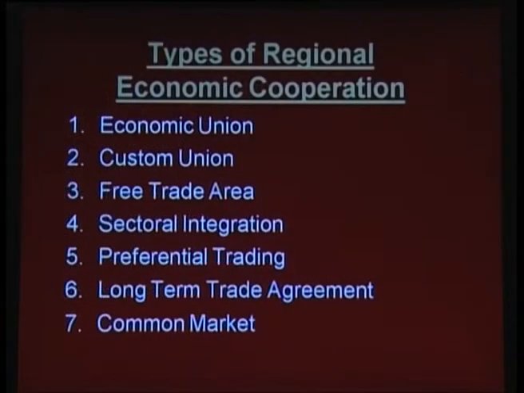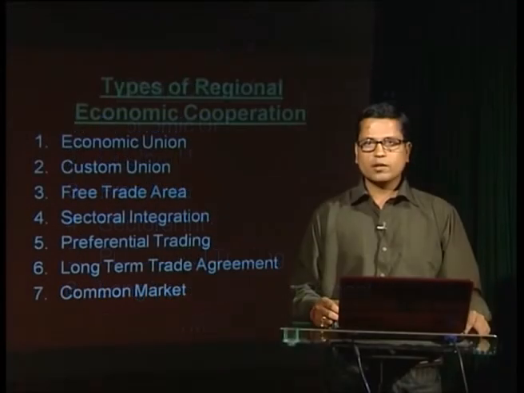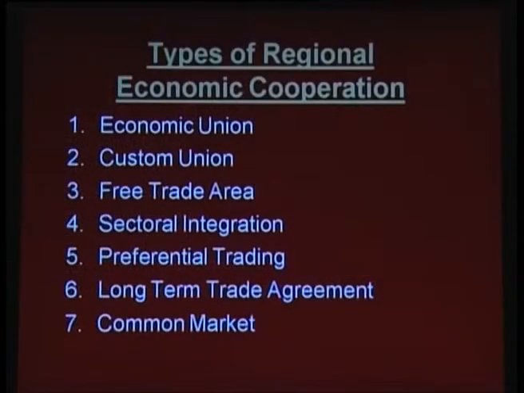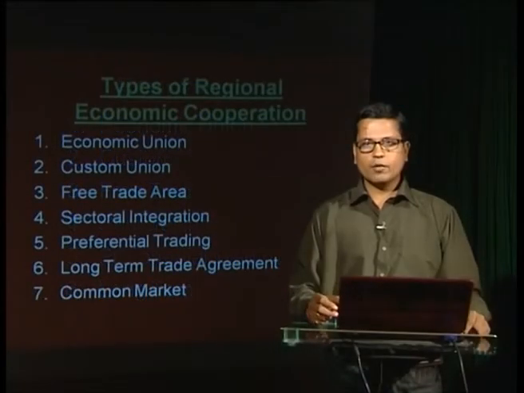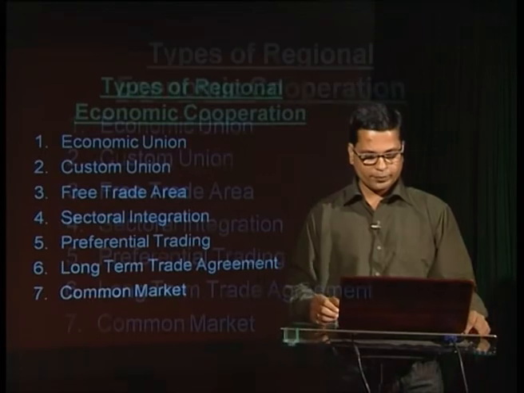The free trade area is an advanced form of the custom union, where the ports will be open for the respective countries and there will not be any tariff barrier. The same is followed with sectoral integration, where some particular sectors will be integrated for the trading part, or preferential trading, where the preference would be given for the respective commodity and the respective country.